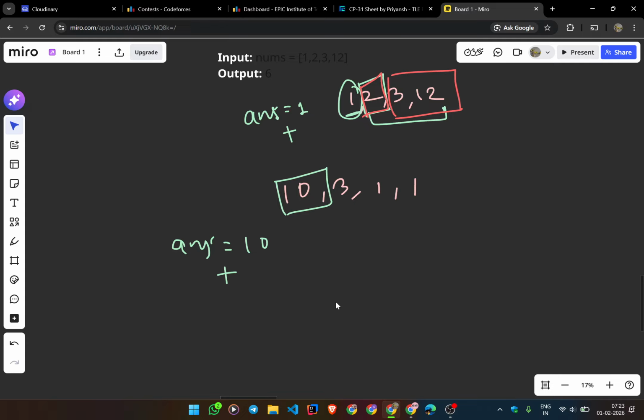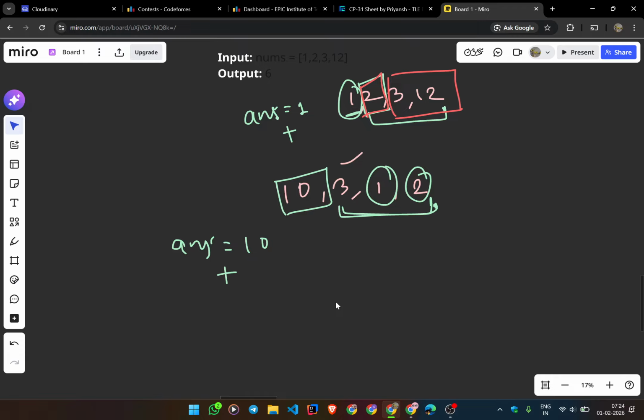So for this, what we can do is find the two minimums from the rest. This is the minimum, this is the minimum. If we have this as a 2, it will also be taken, because 3 is greater than 2, so that's why 1 and 2 will be taken.